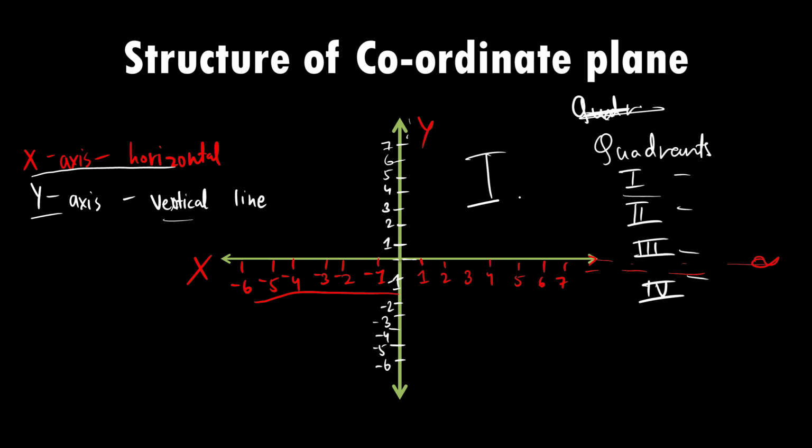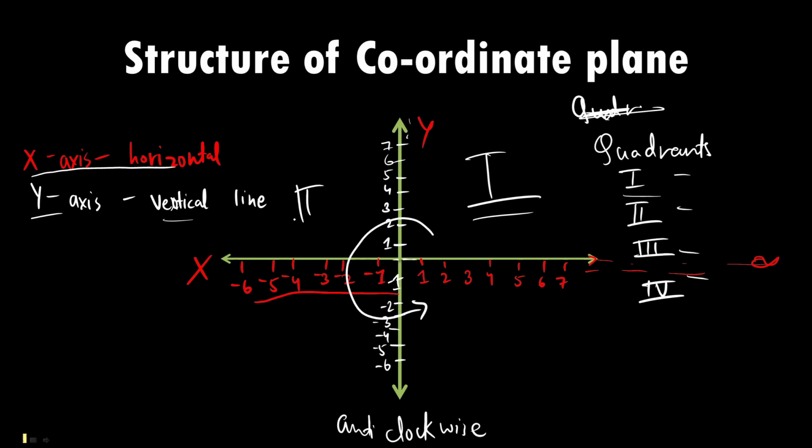So the first quadrant starts from here, and then we go anti-clockwise. So this will be the first quadrant, then the second quadrant, and then the third quadrant, and then after this it's going to be the fourth quadrant. So now we will see what is the pattern of the coordinates in these quadrants.